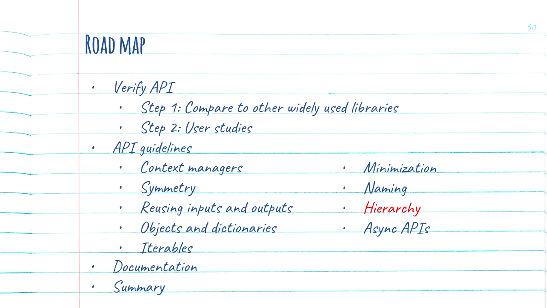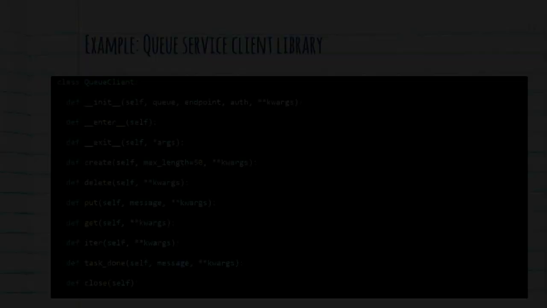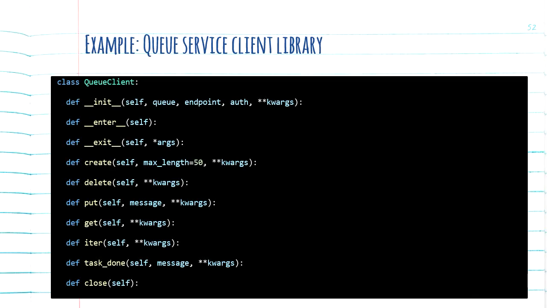I'm going to skip over naming for a moment and visit hierarchy, because it follows on with this concept of minimization. If we look at our queue client here, you'll notice that we're passing the queue name in for almost every operation. So it might be very tempting to adopt this, where we pass the queue name in the constructor and have that passed in under the covers for each of the operations. This actually changes the concept of what our client is doing.